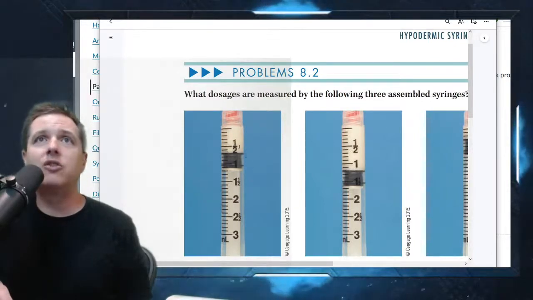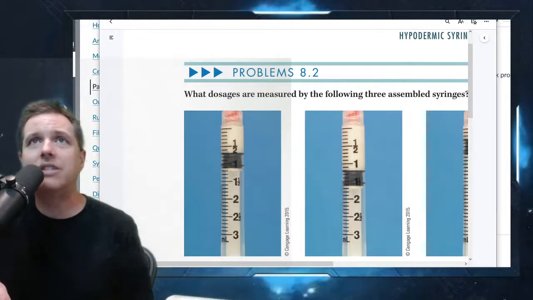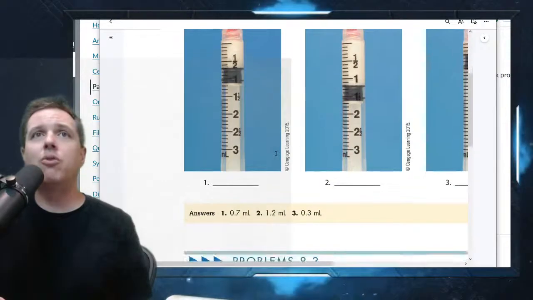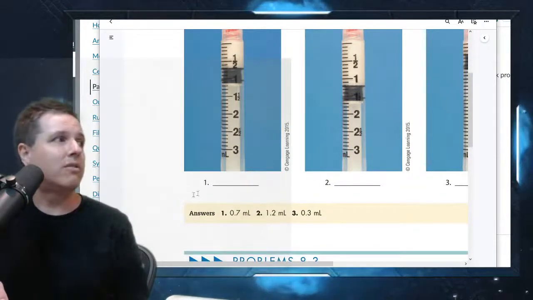So if we're looking at this, notice this one's in fractions now. Okay, it looks like each of these is still a tenth. So in this case, we're going to have 1, 2, 3, 4, 5, 6, and then it looks like it goes right to that next line for 7. So 7/10 of a milliliter, or 0.7 milliliters, right?